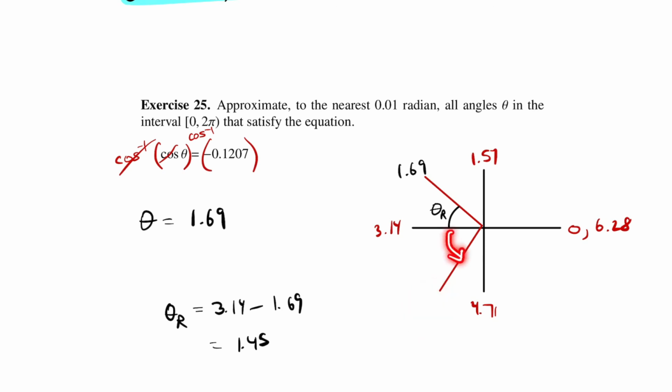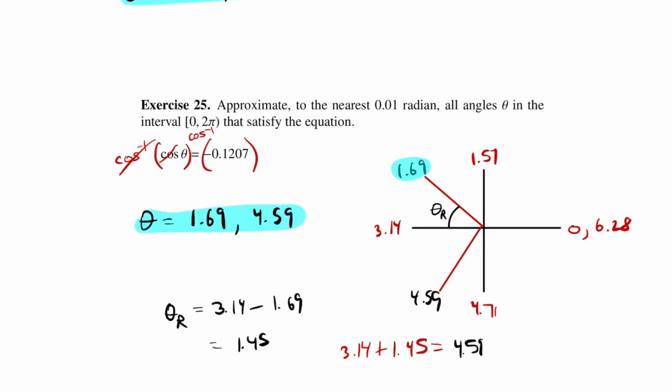So let's do that now. 3.14 plus the reference angle is going to be 4.59. And that is our other answer. So we have 2 answers, one in quadrant 2 and one in quadrant 3. And that's how you would do these problems. That is the end of the section.